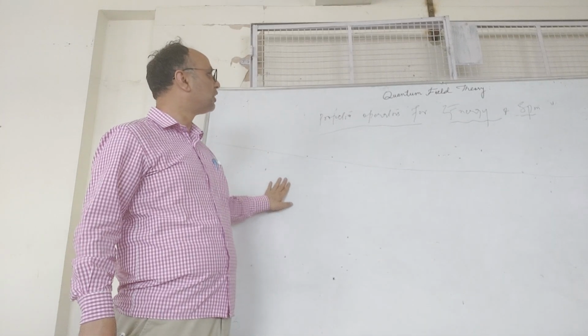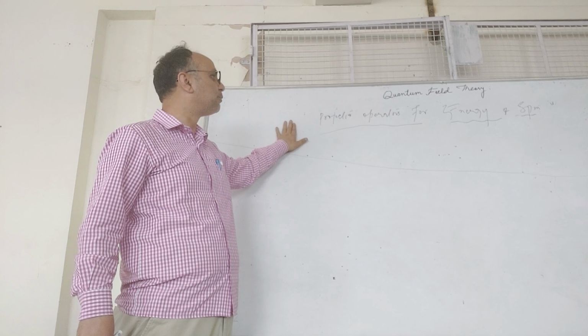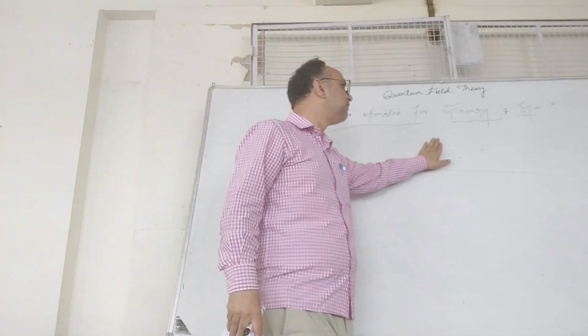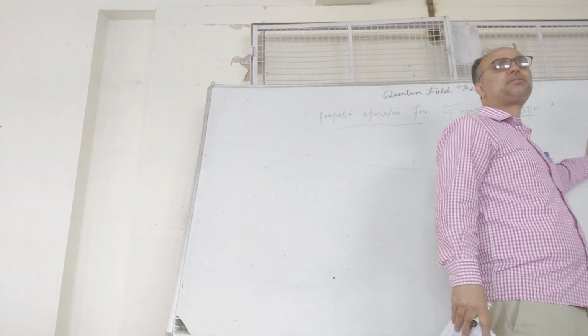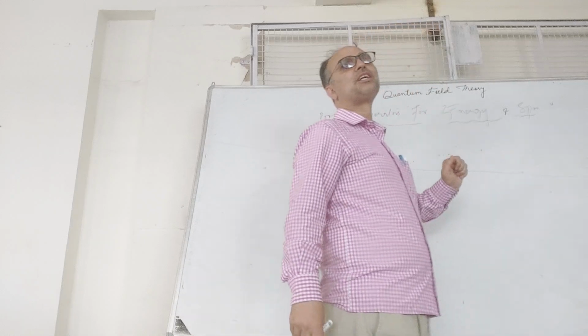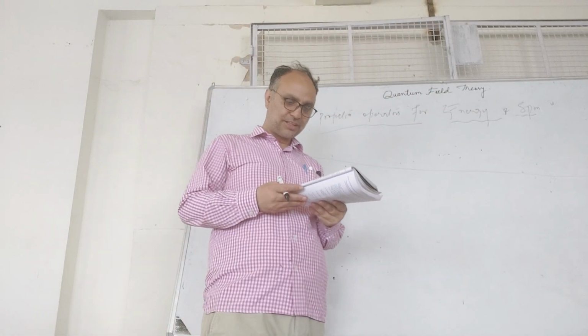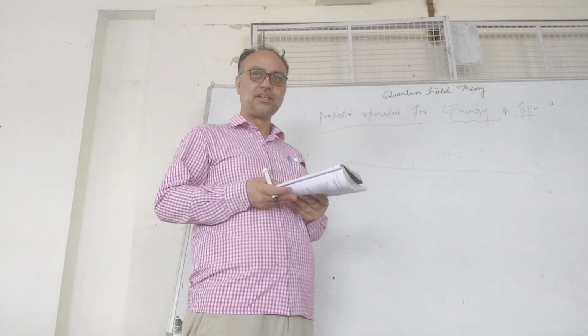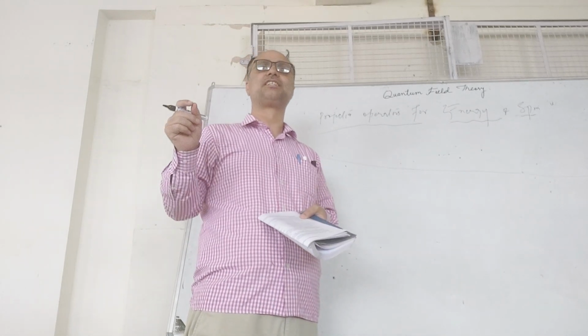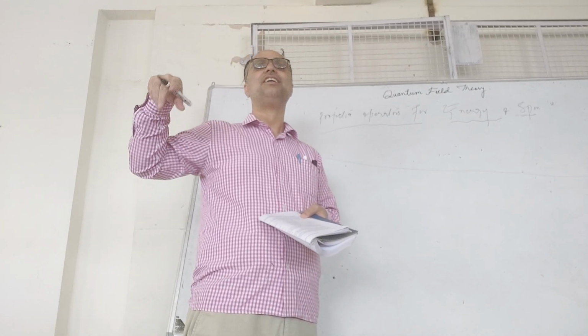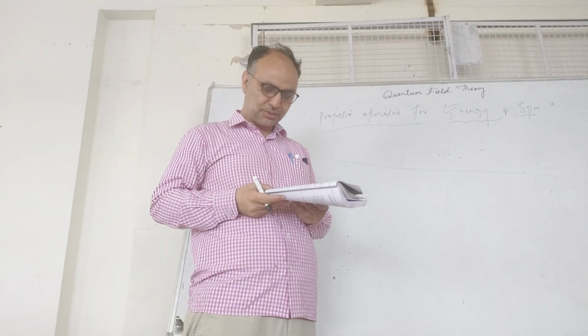So here also we have to have projection operators vis-a-vis energy and spin. In spin we had polarization, for example, whichever polarization corresponds to the different states, up states or down states, like spin up and spin down.